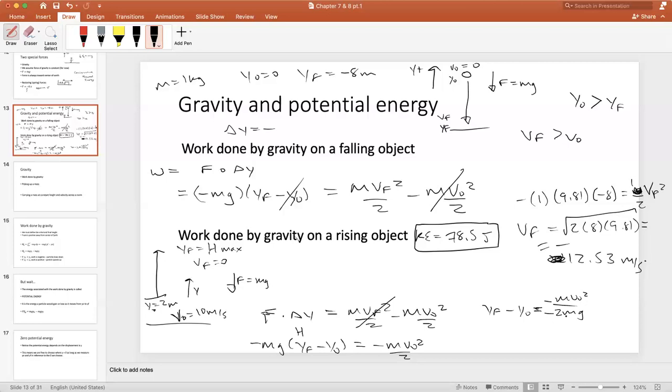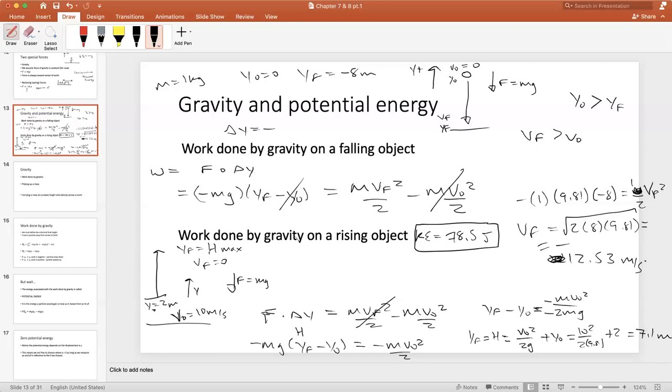If I cancel this stuff out, what I get is y final, which is h, is v naught squared over 2g plus y initial, or 10 squared over 2 times 9.81 plus 2. And that is 100 divided by 2 times 9.81 plus 2, is 7.1 meters.